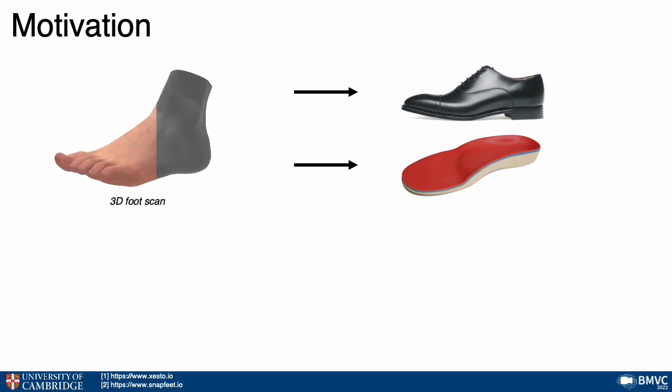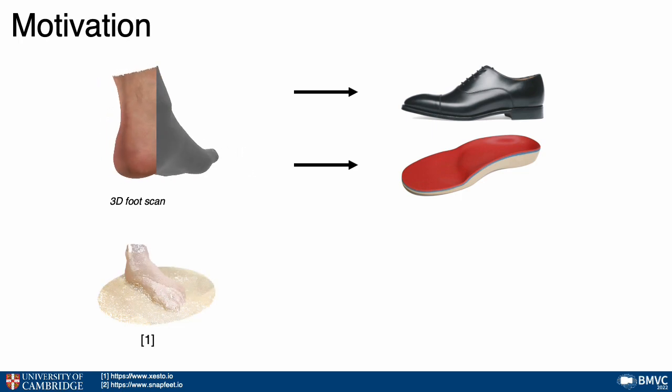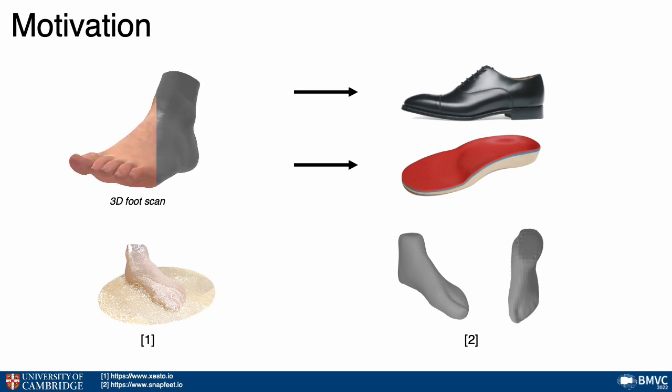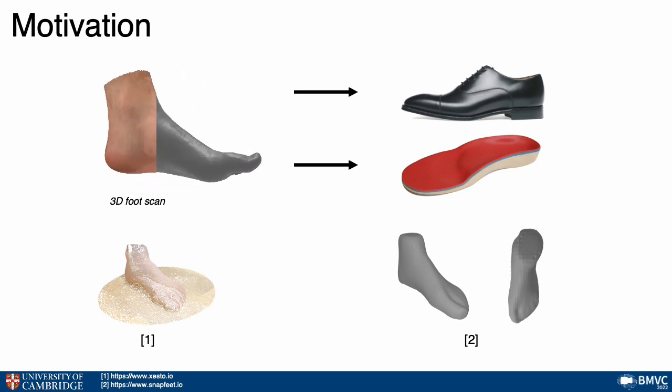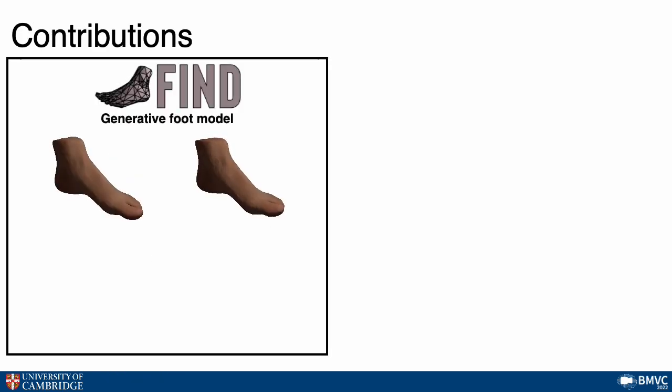Typical foot reconstruction pipelines produce 3D point clouds from depth sensors or use low-fidelity PCA generative models. These are not able to capture realistic reconstructed models, critical for ensuring accuracy. To address this, we produce FIND, our generative model, which is able to produce realistic, explicit meshes of feet with controllable pose, shape, and texture.